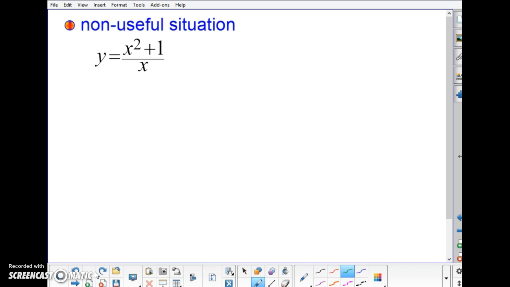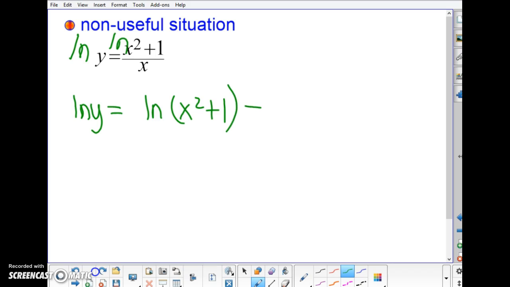All right, let's look at one more problem. This one is a situation where I'd actually not use logarithmic differentiation. Something that would initially make me think about it is the fact that I do have a fraction, and so if I take the natural log of both sides and use my properties, I've got a nice situation where I can split up that fraction, and so now I don't have to worry about using the quotient rule anymore.